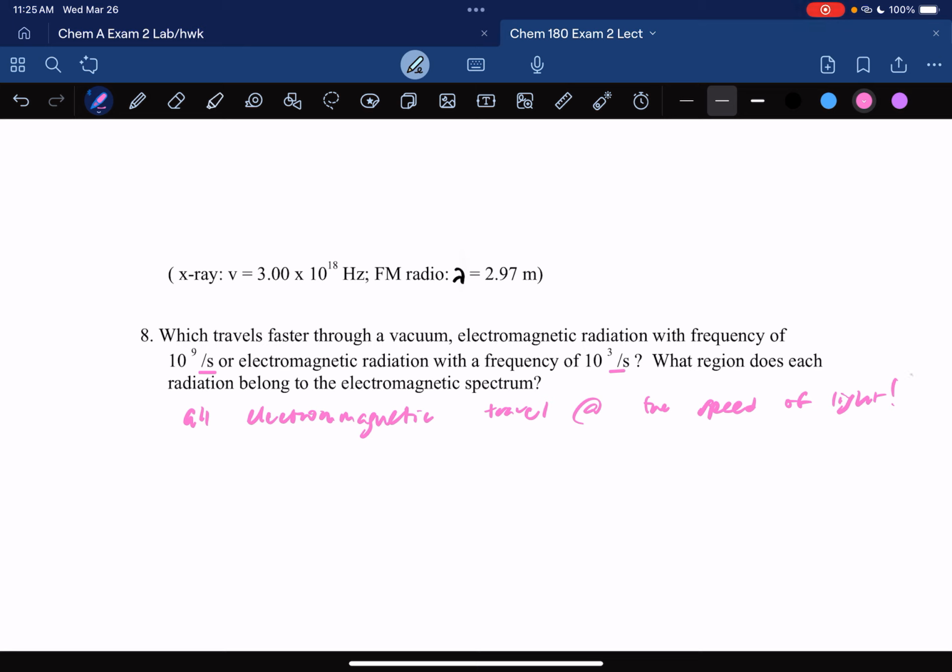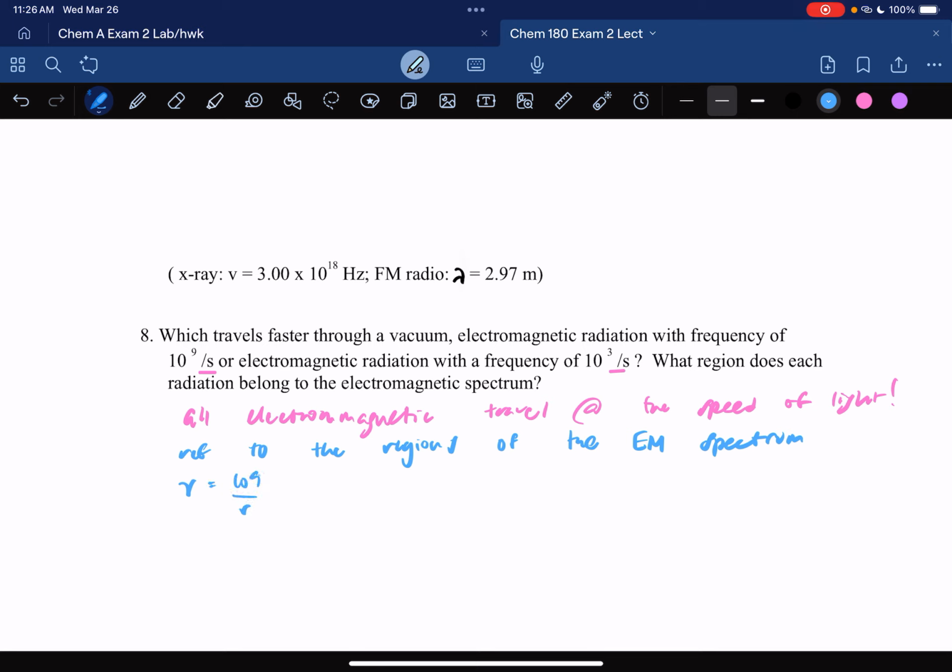So I go back and refer to the regions of the radiation spectrum, which is in your outline. It turns out that when the frequency nu equals 10 to the 9 hertz, or cycles per second, that is still in the radio wave region.